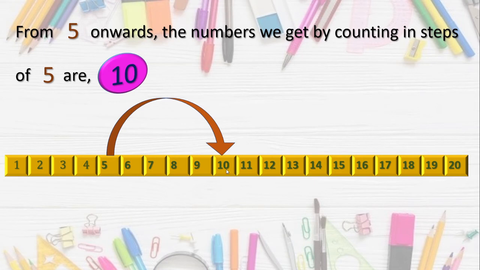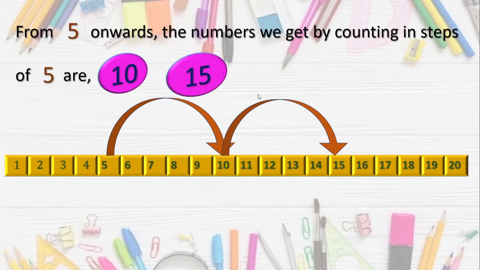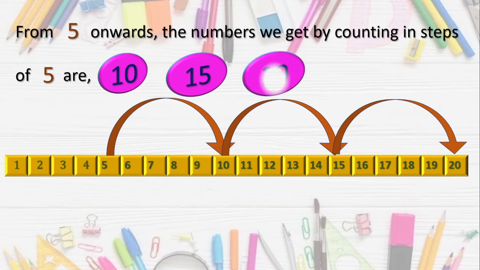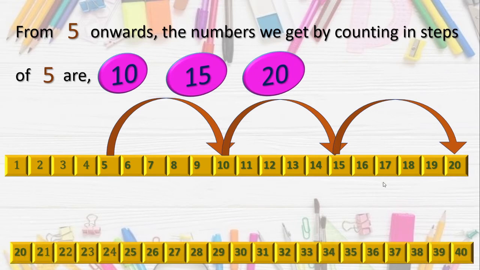Now we are at number 10. Here we are going to jump in steps of 5. Means we will reach 15. Isn't it? Yes, we will write 15. Then from 15 we will jump to 20 because we are following steps of 5, isn't it? Here 3 numbers we got, some more numbers we need.